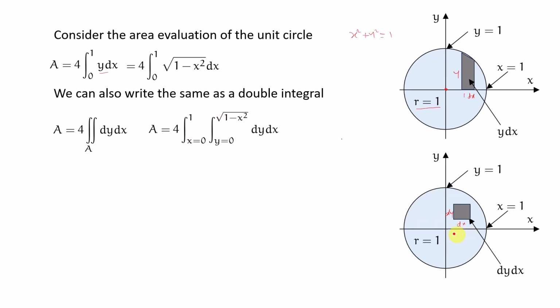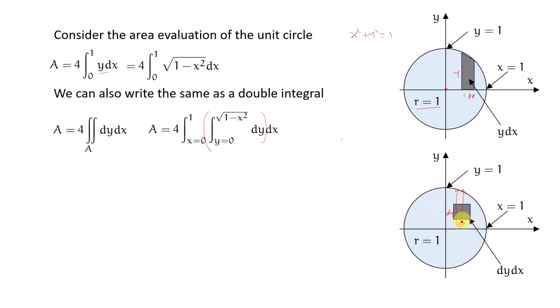What that means is that we are evaluating this part. In this part, this small area I am spanning in the y direction. I am calculating the area over here, and then I am going in the x direction.